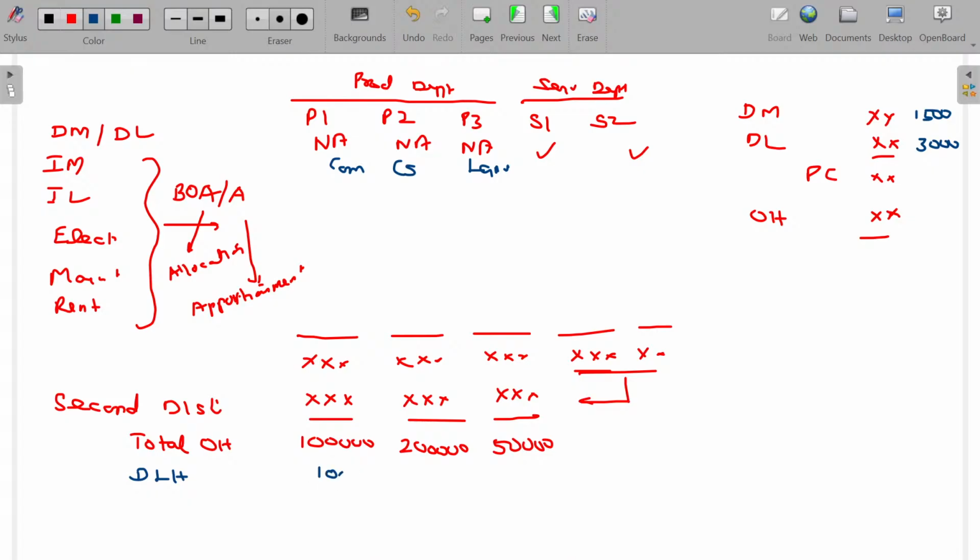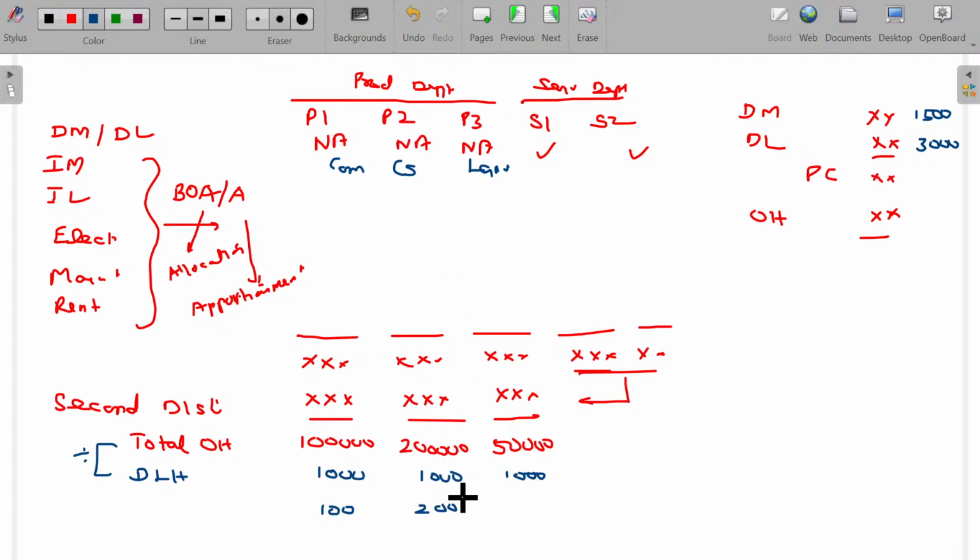Maybe 1,000 hours each, and all three departments are functioning for 1,000 hours. For 1,000 hours, the overall cost is 1 lakh. If you divide that, 100 rupees is the cost of running 1 hour of this department.